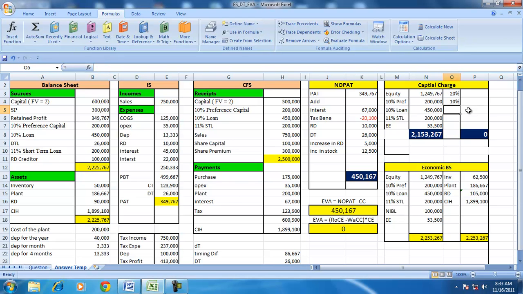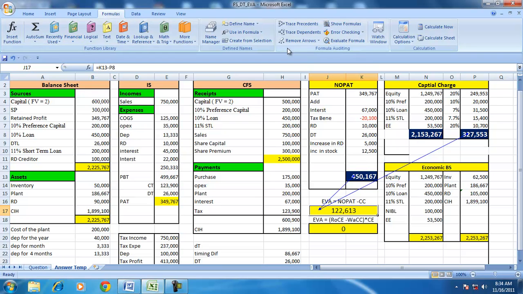The cost of the loan is post tax, so 7%, and cost of short-term loan is 7.7%, and equity equivalent once again 20%. So if you multiply the cost into the rate, we'll get the capital charge, and the capital charge is 327,553.